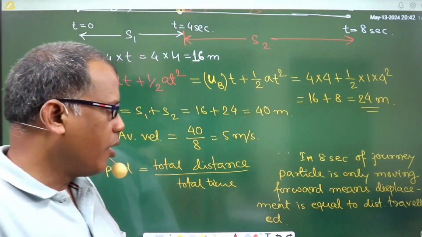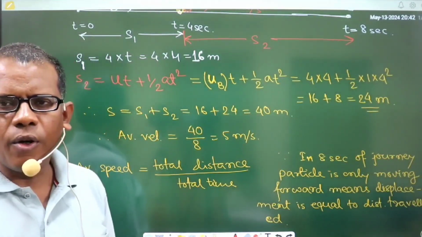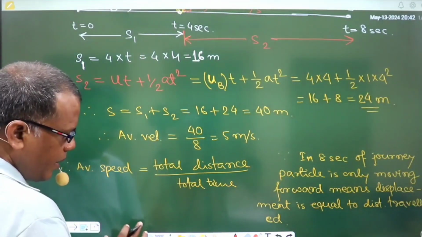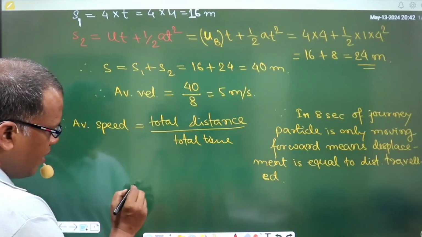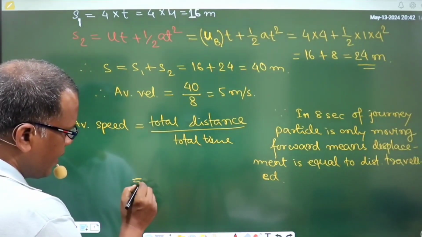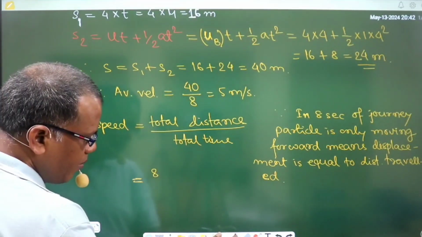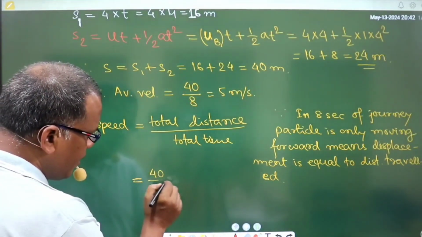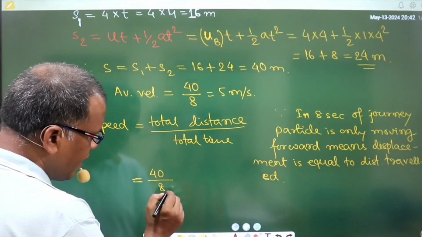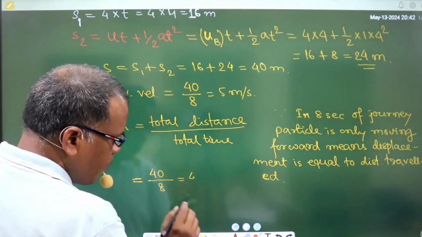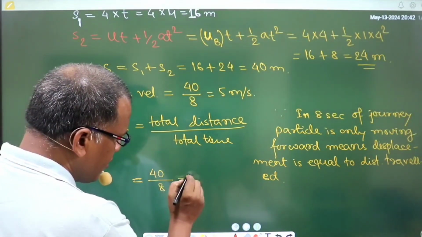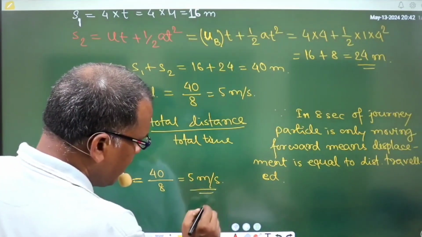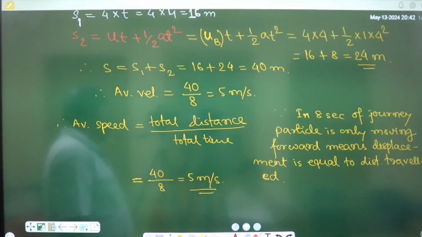Because it is continuously moving forward, the displacement is equal to distance traveled, so the average speed calculation will come the same. The displacement and distance are both 40 meter, divided by the journey time taken, 8, so it is again 5 meter per second. So in this case, average velocity and average speed are both equal in value. Is that clear?